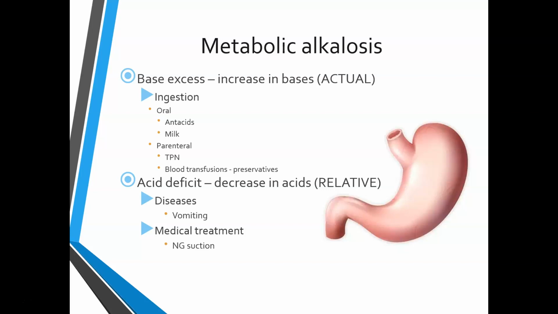It can be a relative problem with acid deficit where there's a decrease in acids, and this may happen with excessive vomiting or NG suction. Because again, remember that the stomach is very acidic. It's an acidic environment, and if you are removing that from that environment, you are making the body more basic.